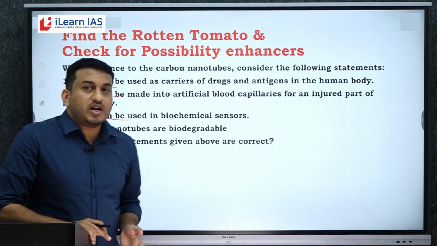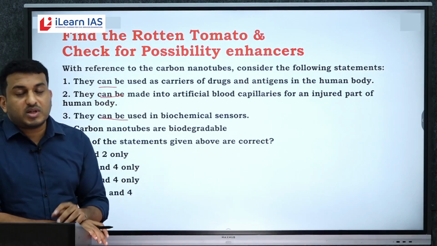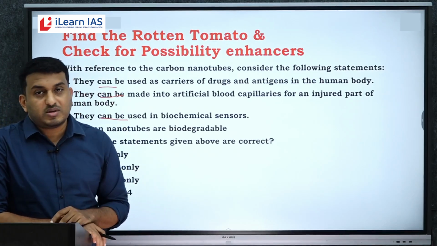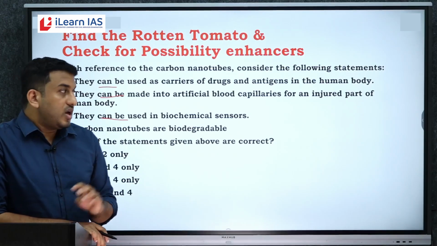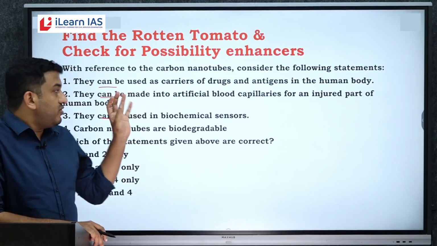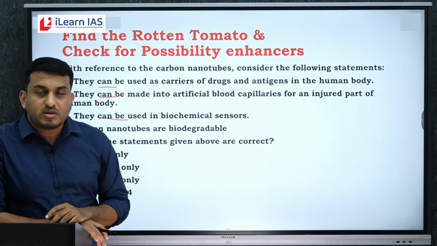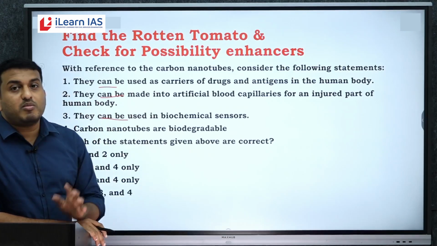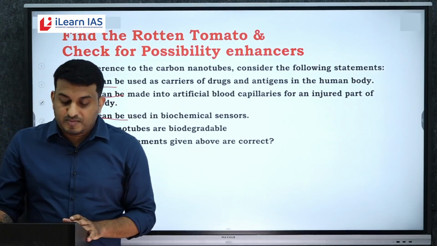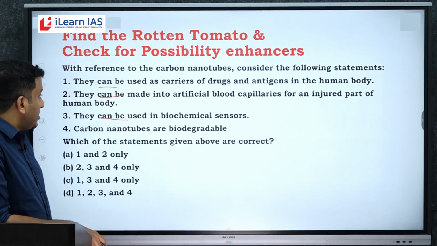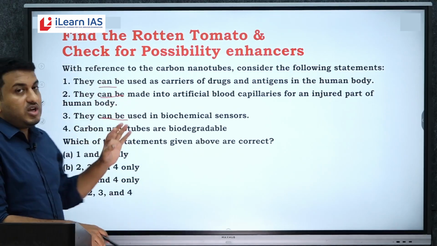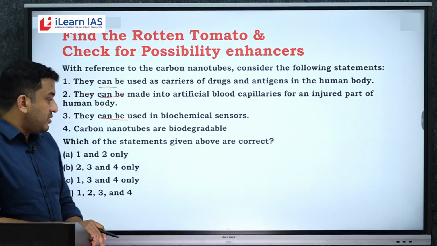So in science and technology, especially application of science and technology questions, if the word can is there, a possibility enhancer is there, there is a high probability that the statement is correct. So in this case, statements 1, 2, 3, all these three statements are correct.